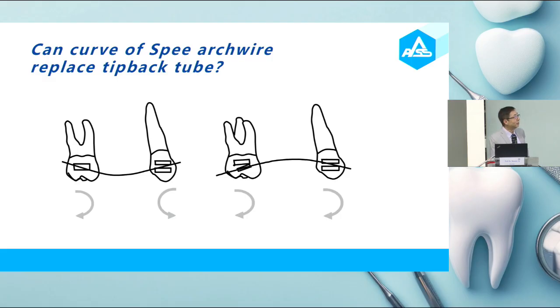In that way, you don't need to use lace back or tie back to pull the canine back. That will have anchorage load on the molar. But this way, you use tip-back to prevent physiologic anchorage loss, and meantime, have no mechanical anchorage burden on the molar. And the canine tips back to relieve anterior crowding in the first stage.